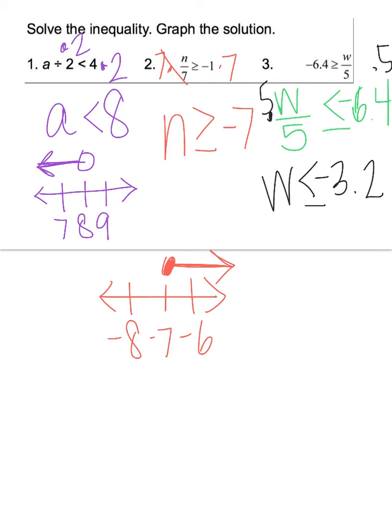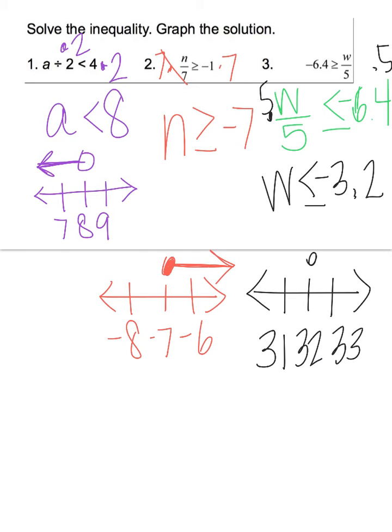I did not flip the sign when I multiplied because it was not by a negative number. Oh, I did that wrong. That should be 32, not 3.2. Ignore that decimal. So then when I make my number line, 31, 32, 33, I have a closed circle shaded to the left.